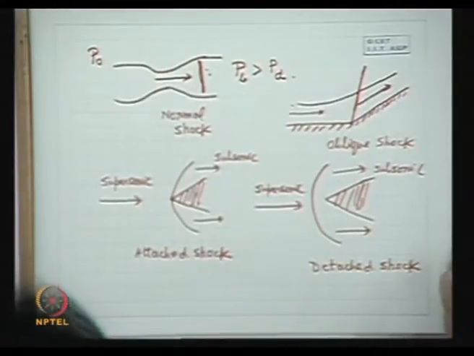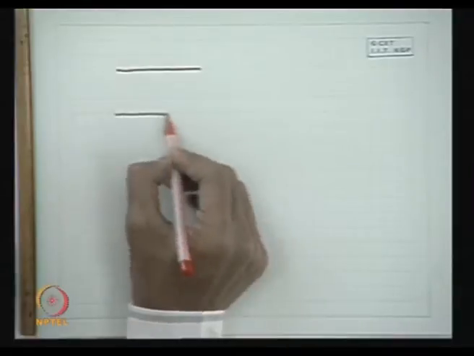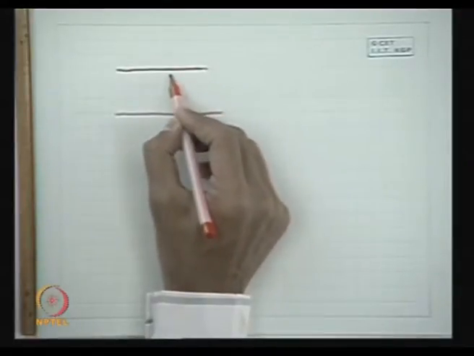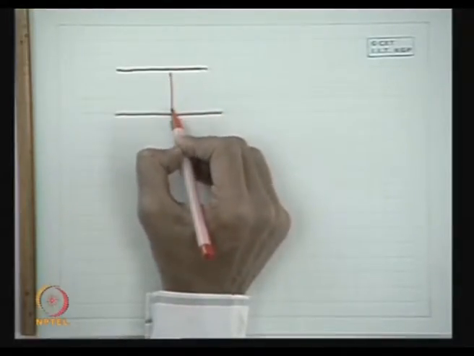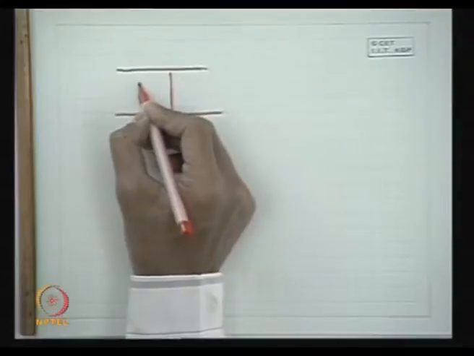Now for a mathematical analysis, let us consider things in this way. Let us consider a duct, certain part of the duct where the shock takes place, and let us consider this is a thin shock wave. And let us specify the properties upstream the shock wave by a suffix x.